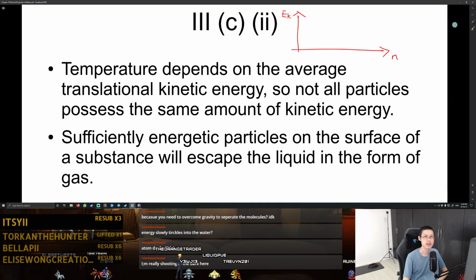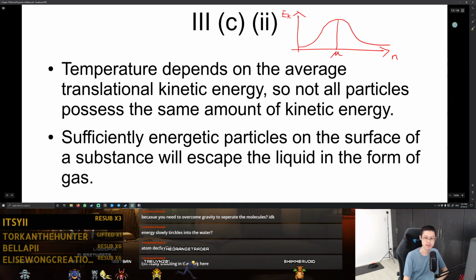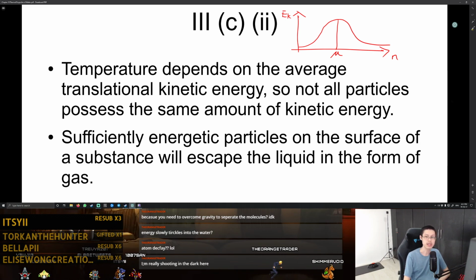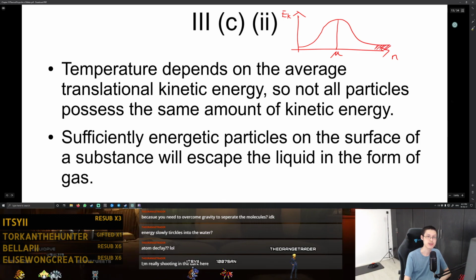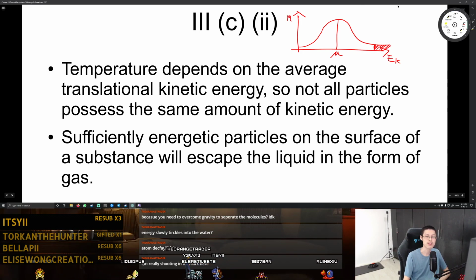So it kind of looks like a normal distribution, kind of like this. So the mean is actually over here. Okay, so what happens to the mean if you remove some of the highly energetic particles? Sorry, I messed up. This one should be KE, this one should be N. N should be here, and this should be KE, right there.